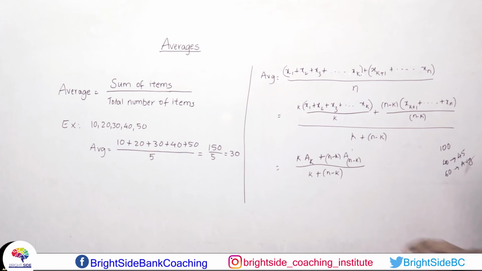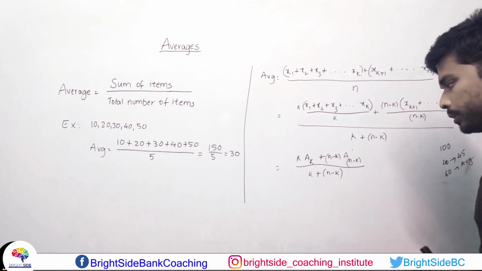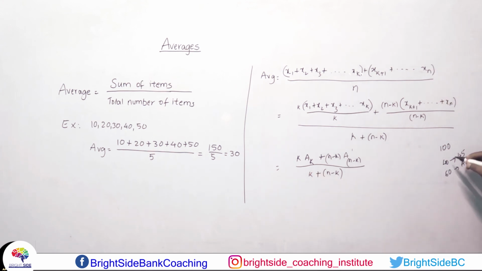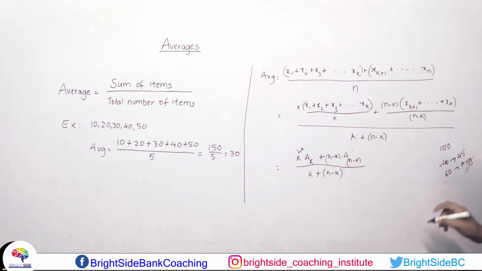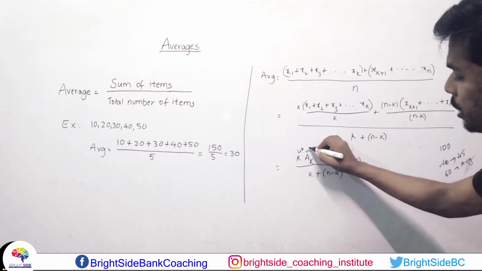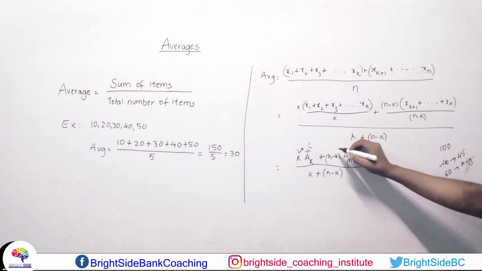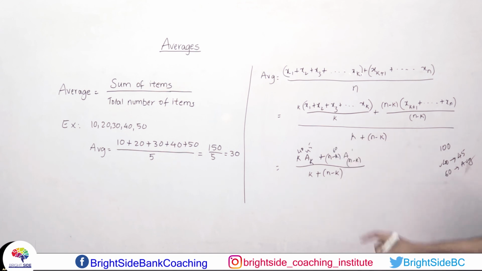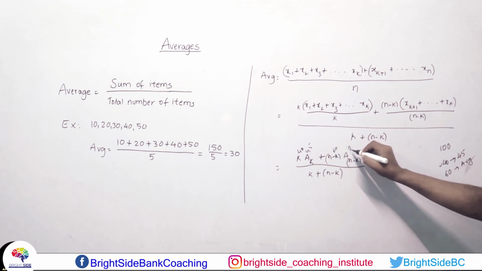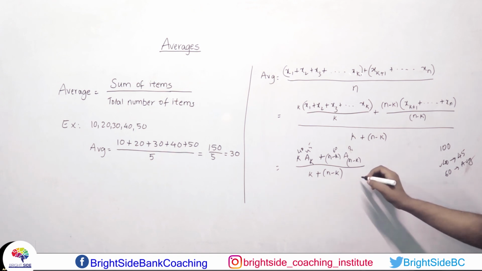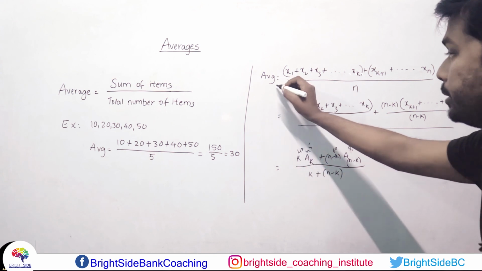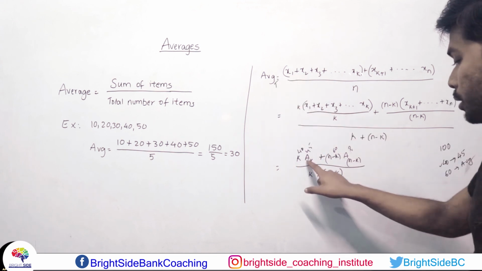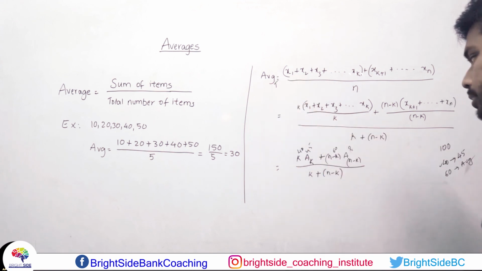In that case you will be applying this formula. You will be substituting 40 here, and 45 is the average of 40 students, and n minus k will be 60. This you need to find out, and here it will be 100, and this will be the total average. So these are group averages, and this is the total average.